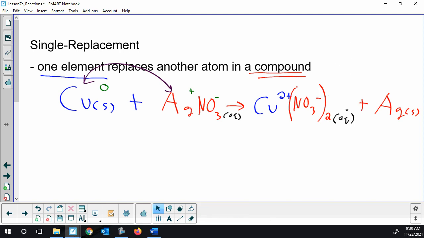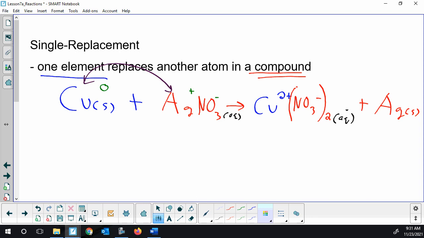So there's a fair bit to single replacements. You've got to do the switch. You've got to get the correct charge of the ion after the switch, which is our copper in this case. You've got to rebalance that copper nitrate. And now we've got to balance the whole thing. So we've got 1 copper at the beginning, 1 copper at the end, 1 silver at the beginning, 1 silver at the end, 1 nitrate at the beginning.